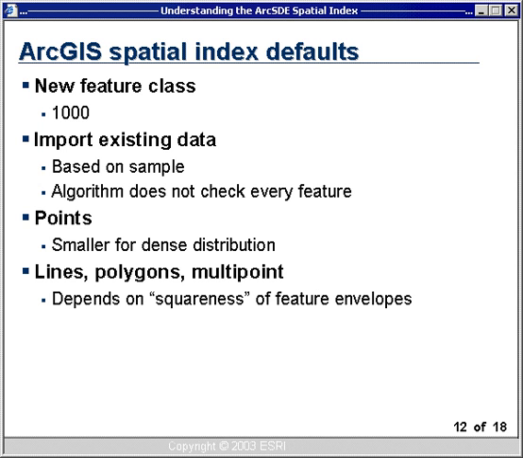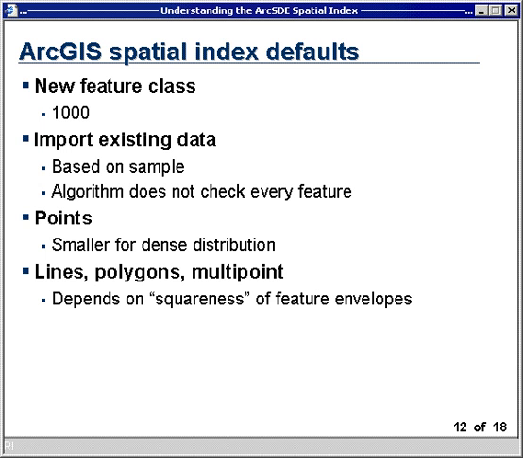The first thing we're going to look at here is the defaults that are generated by the ArcGIS software. And I mentioned this earlier in response to a question about whether sometimes the default spatial index wouldn't get built or wouldn't work properly.